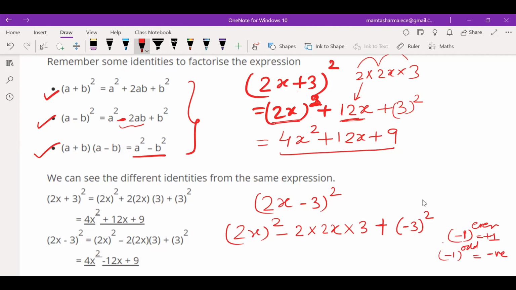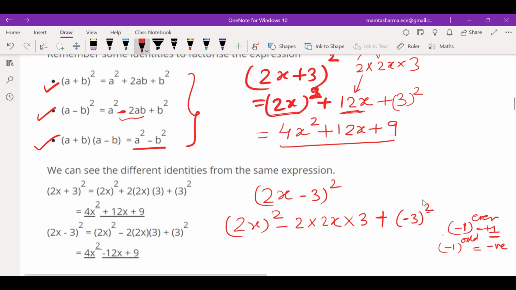Here the exponent is 2, which is even, so the result would be plus only. Otherwise it is very simple: minus 3 into minus 3, minus into minus becomes plus, and 3 into 3 becomes 9. So minus 3 square will be plus 9.